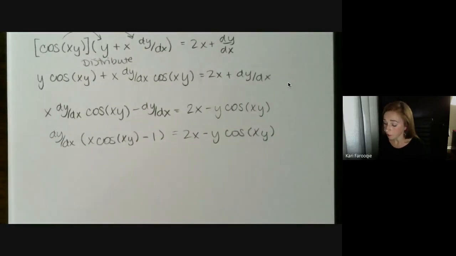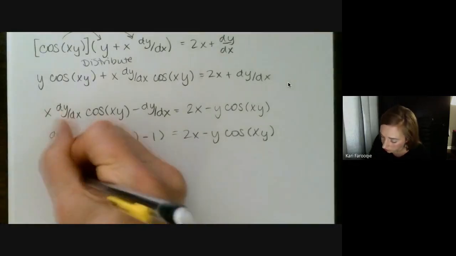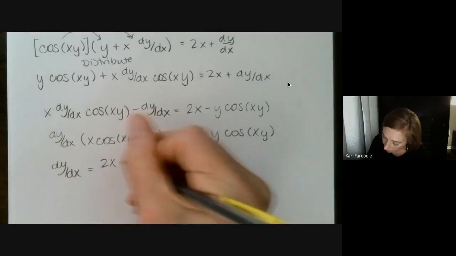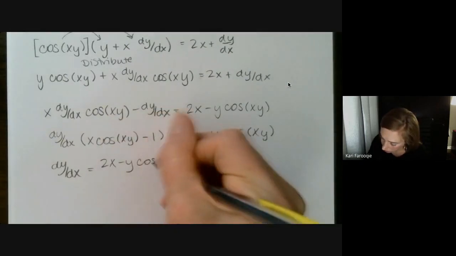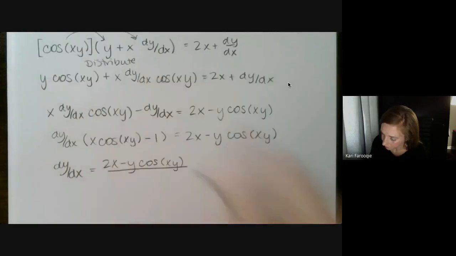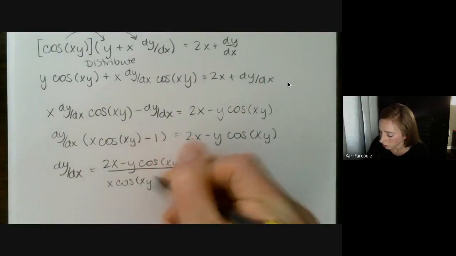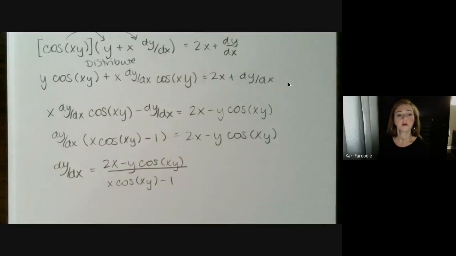And then to solve for dy/dx, you're going to divide both sides by that factor of dy/dx that you see on the left. So leave the right-hand side alone as your numerator. And then divide by x cosine xy minus 1.